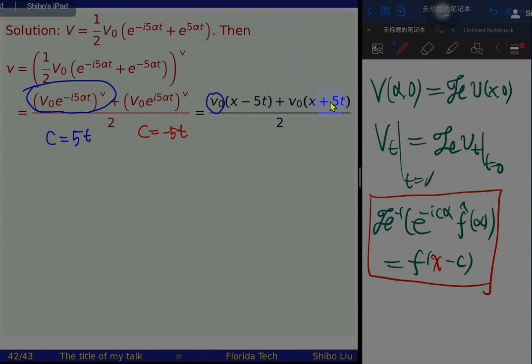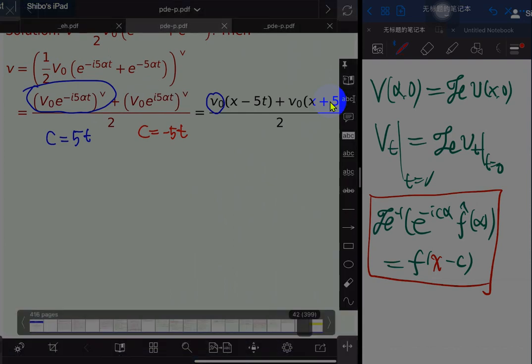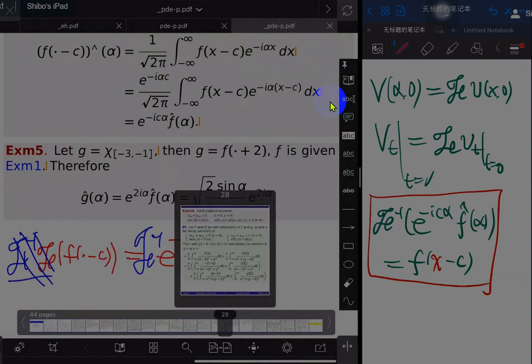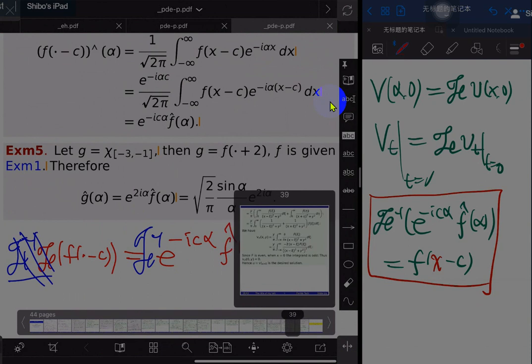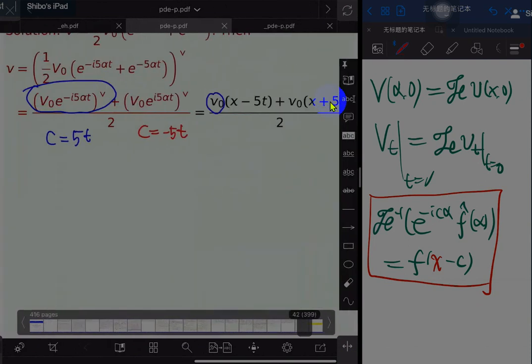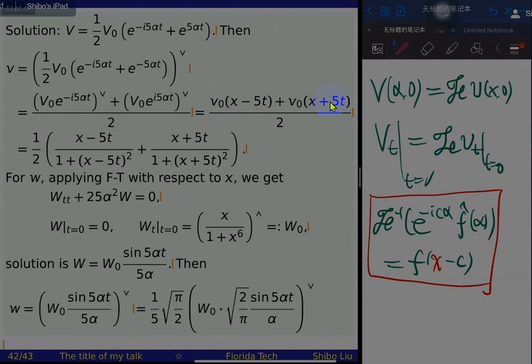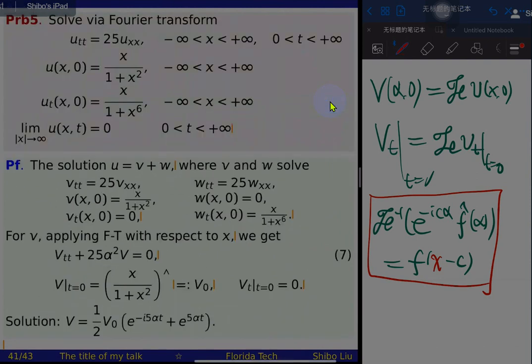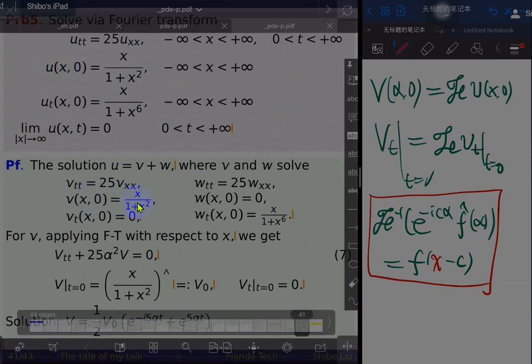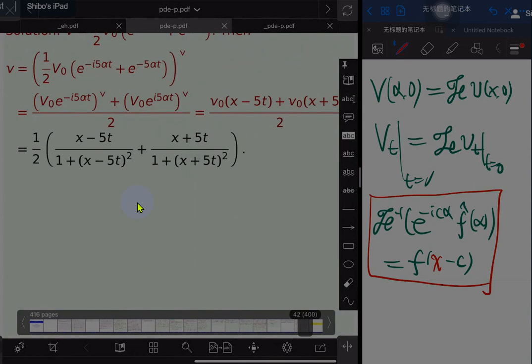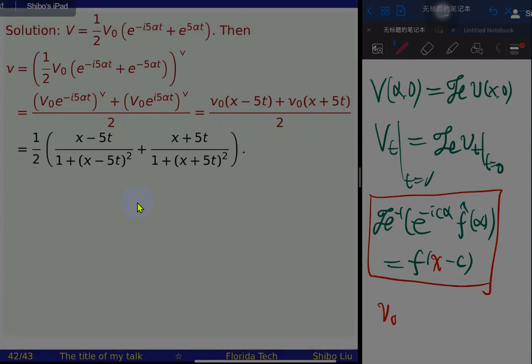Now v0 is what? v0 is this function, x(1 plus x squared). Okay, remember our v0(x) is x(1 plus x squared).